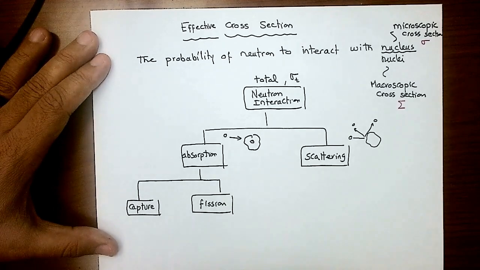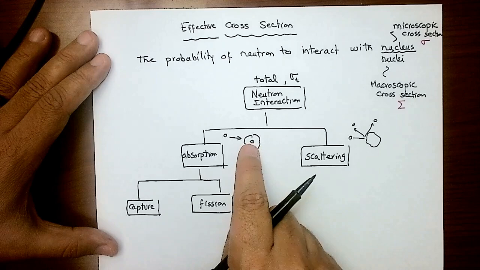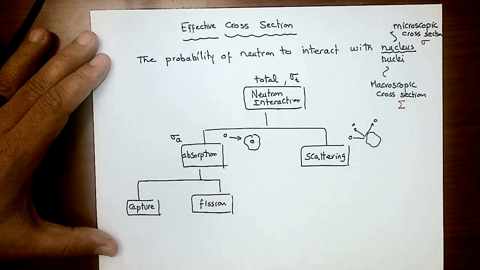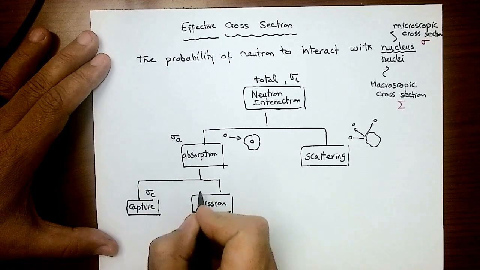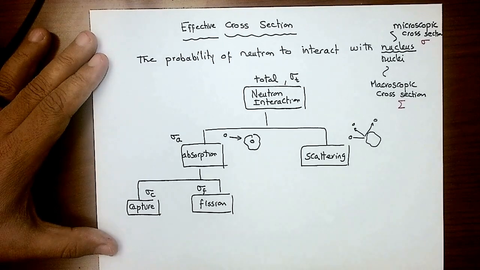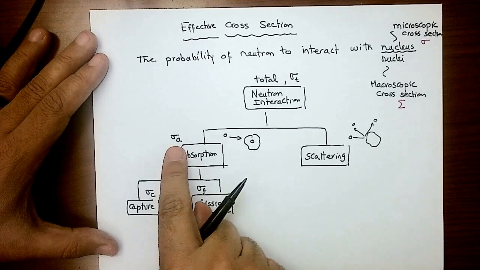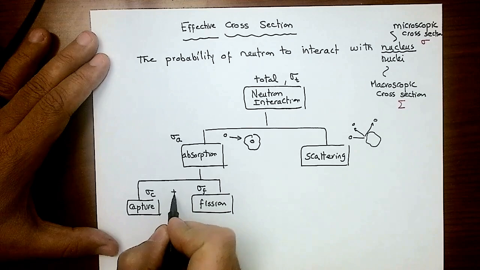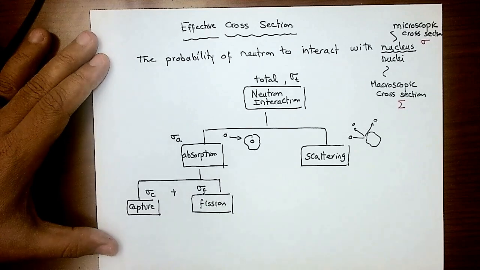So the probability of the nucleus to absorb a neutron, we call sigma absorption. Under sigma absorption, we have sigma capture or sigma fission. So the probability of absorption is the summation of the probability of capture plus the probability of fission.